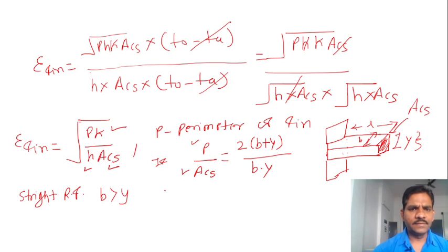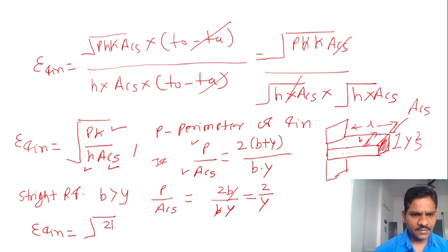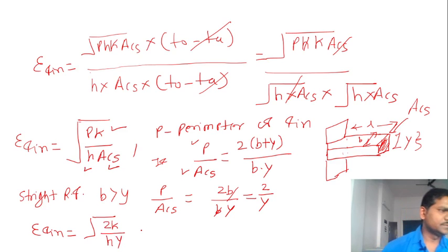We know that P upon ACS is equal to twice B upon BY. So this B is cancelled. What is remaining here? 2 upon Y, guys. Okay. So the effectiveness of a fin equation changes to twice K upon HY also, right?